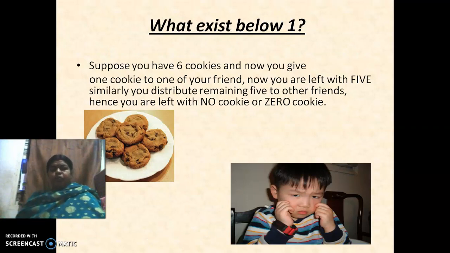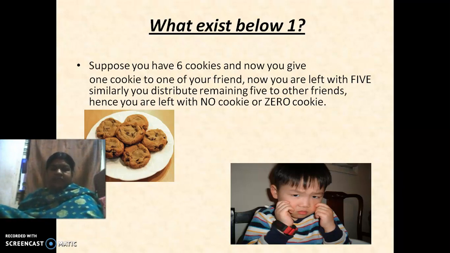What exists below 1, my dears? Suppose you have 6 cookies and you give 1 cookie to your friend. The remainder left with you is 5. Similarly, you distribute the remaining 5 to other friends. Now you are left with 0 cookies.